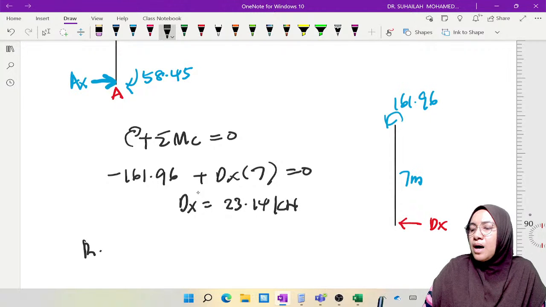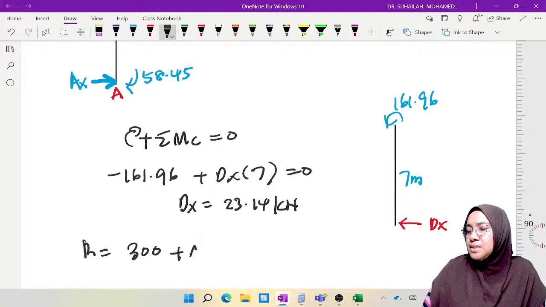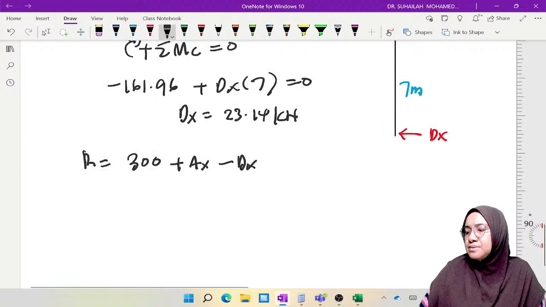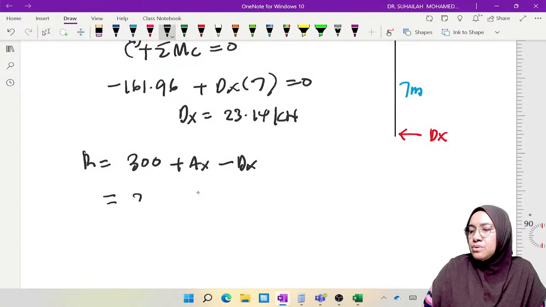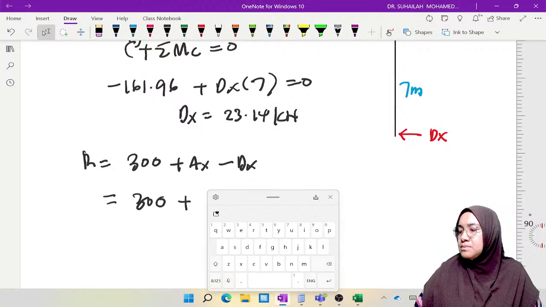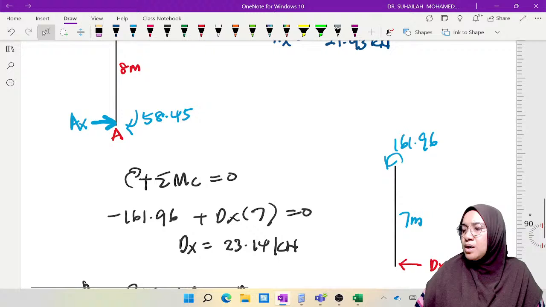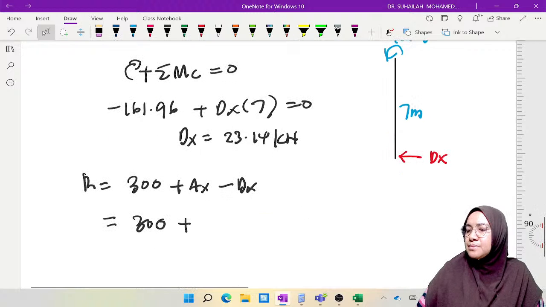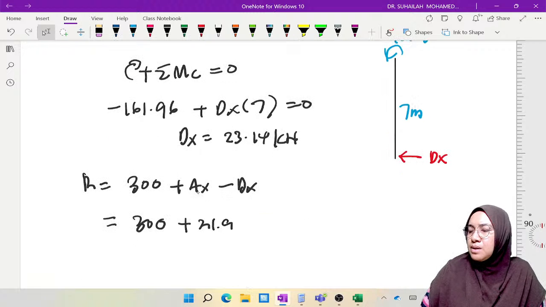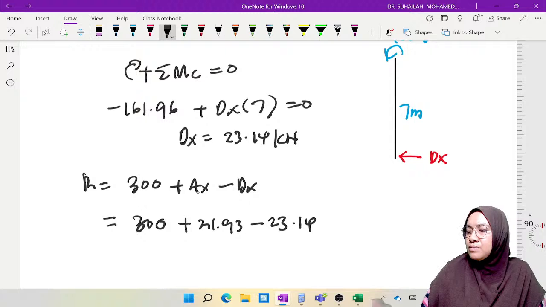So R is equal to 300 plus AX minus DX. So it is 300 plus, tadi dapat 21.93, minus 23.14.